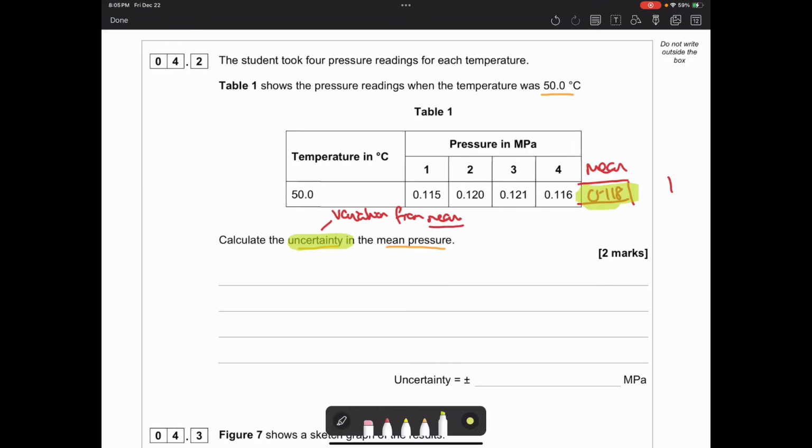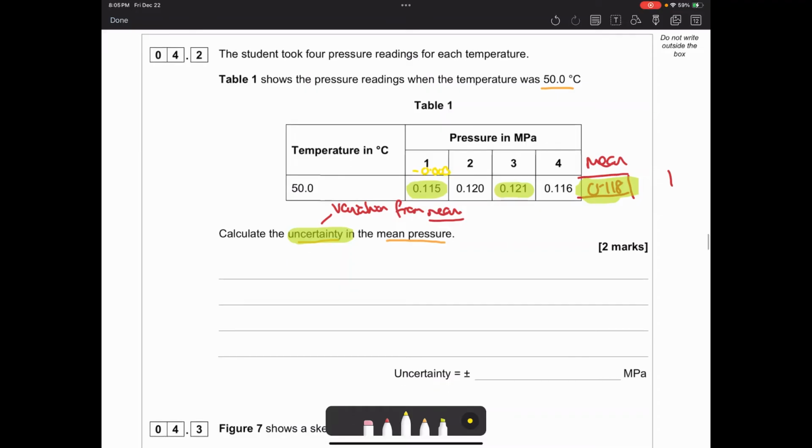What you then want to do is work out your variation from the mean. Well, I can see my lowest value is 0.115, and my highest value is 0.121. Now, 0.115 is minus 0.003 lower, and 0.121 is 0.003 higher, positive.